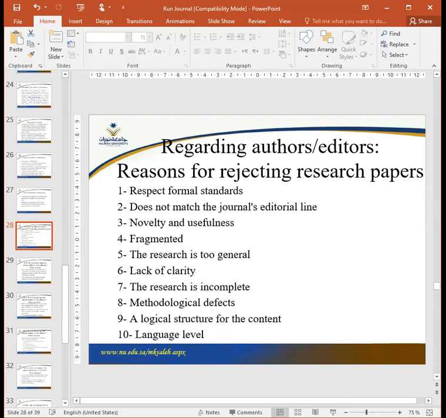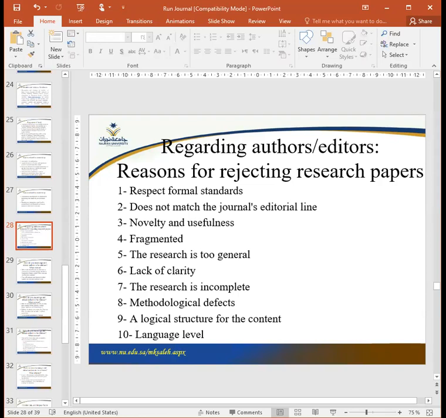Number 3, the absence of novelty and usefulness. It is very important. The manuscript did not bring anything new or only confirmed results reached previously.